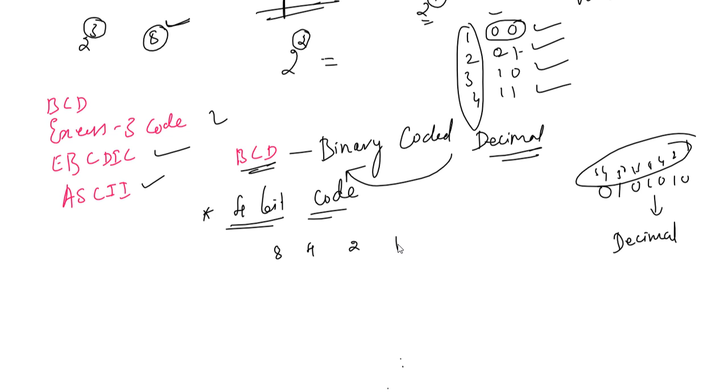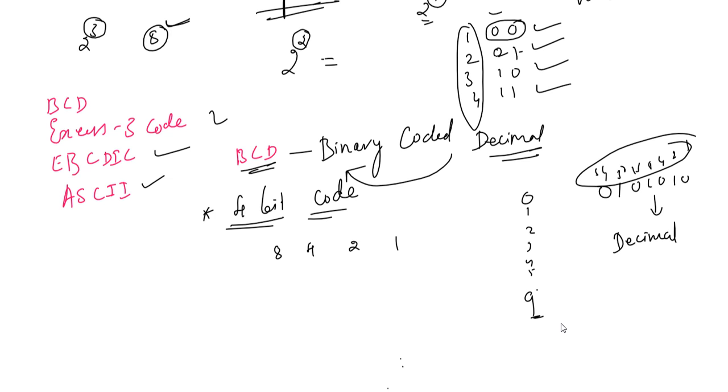We can only do the decimal digits 0 to 9, that is 0, 1, 2, 3, 4, 5, 6, 7, 8, 9, by using 8421. We can also make more combinations, which are called unused combinations. After 9 I can write other combinations also, and those are called unused combinations.